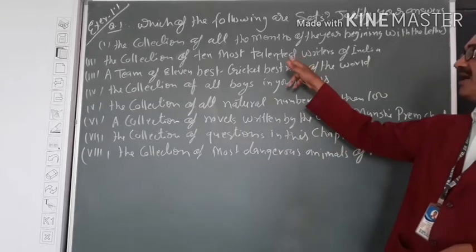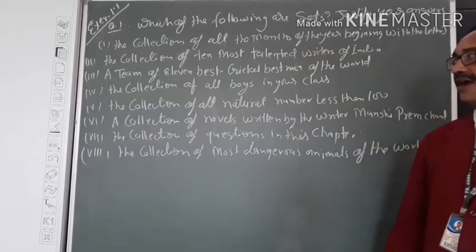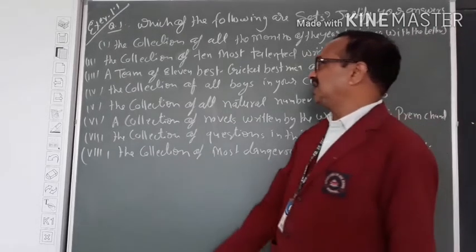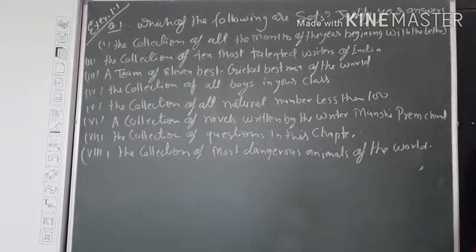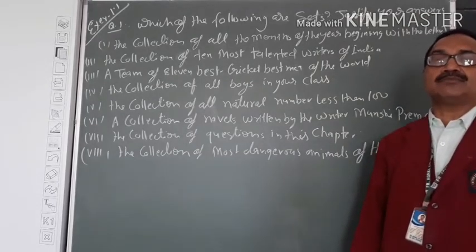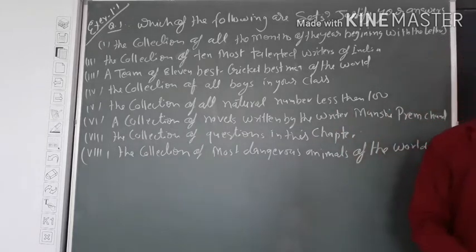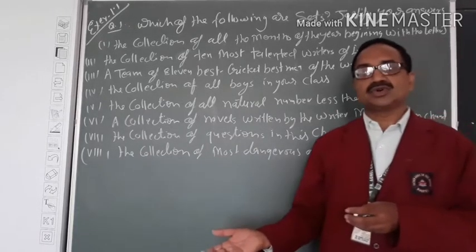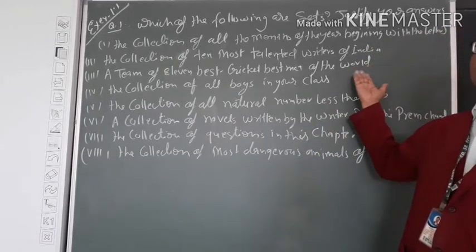So the second part is not an example of a set. In the third part, the team of 11 best cricket batsmen in the world. This is also not well defined. Some people say this batsman is best, some say that batsman is best. So the third is not an example of a set.